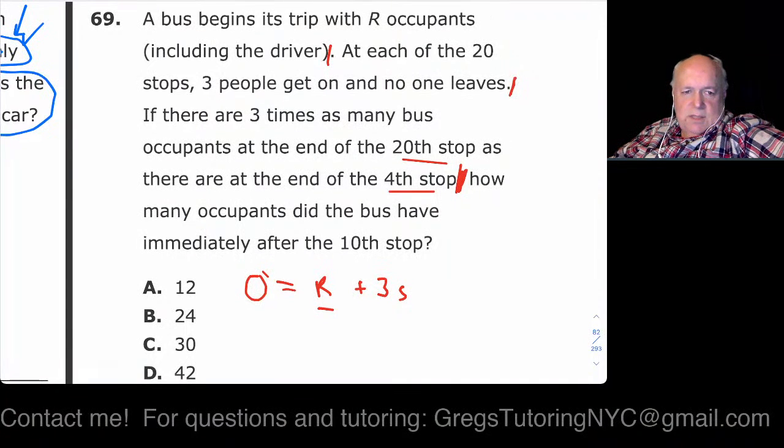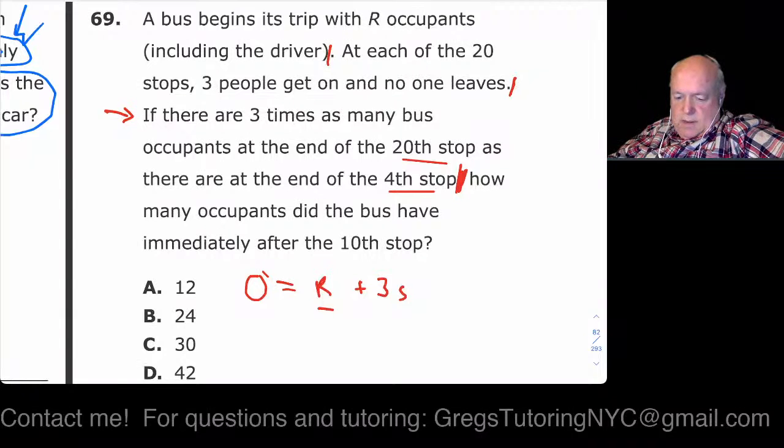Let's run through the words again. At each of the stops, 3 people get on. There are 3 times as many people at the end of the 20th stop as there are at the 4th stop.